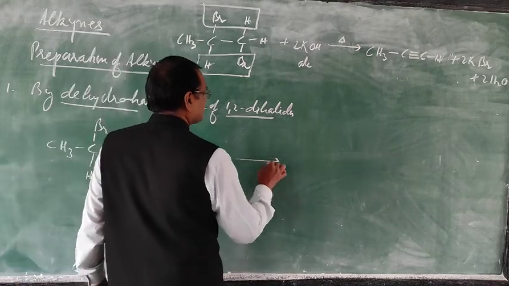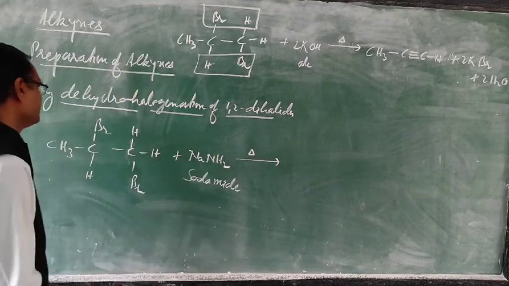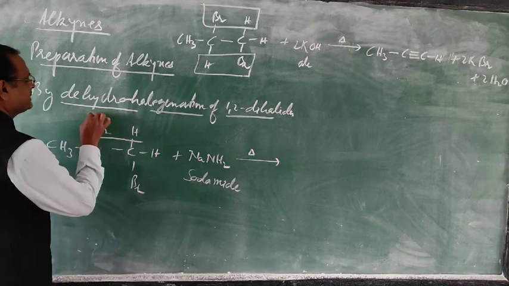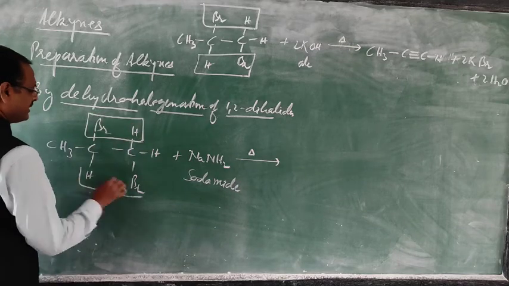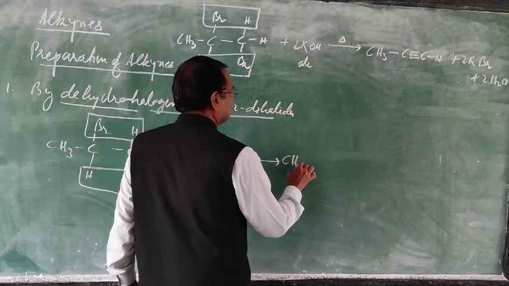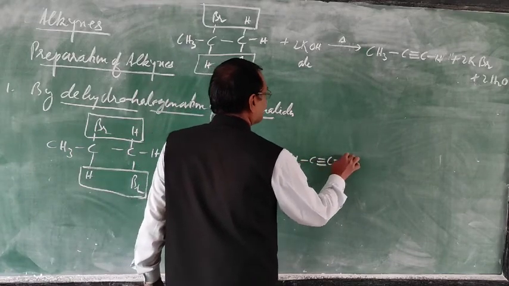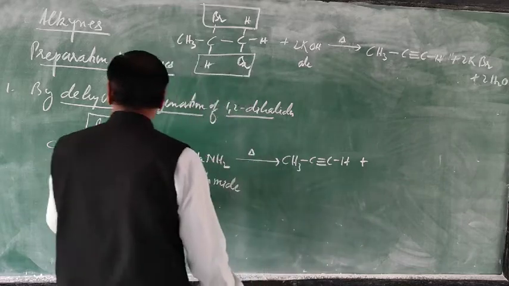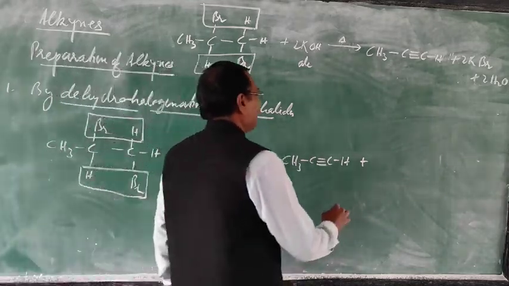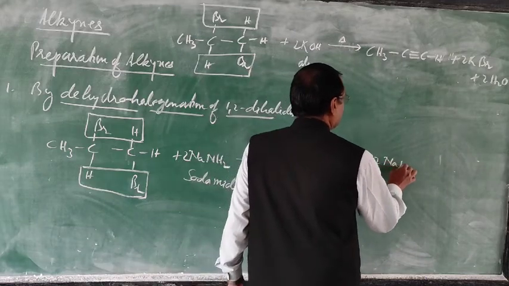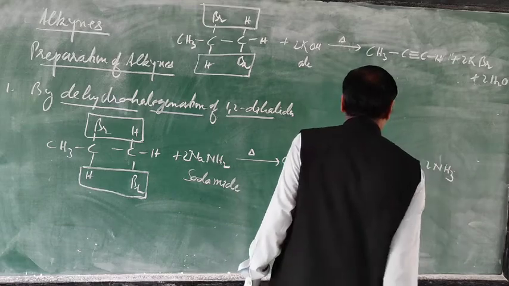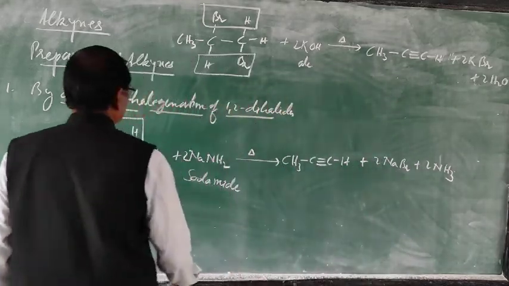So this 1,2-dihalide is treated with sodamide. Just you see, HBr is removed, and this will form CH3, C triple bond CH. Now 2 HBr and 2 sodamide will form 2 NaBr plus 2 NH3. In this way you can get propyne.